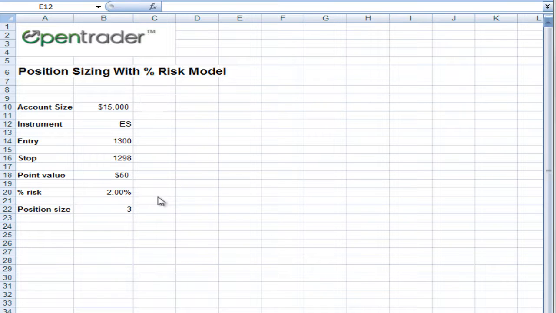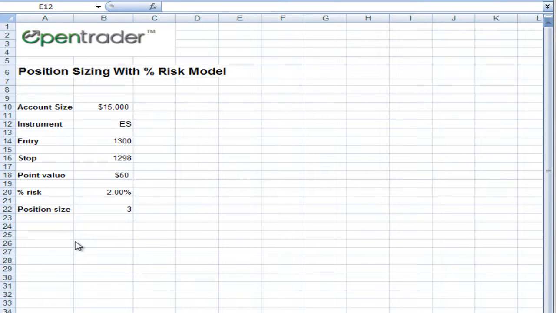So what is this showing? Well, here's what it's doing. It's saying, okay, we have a $15,000 account, and what we want to do under the percent risk model is, on any trade that we take, risk a certain percentage of our account size on that trade. So in this instance, on any trade, we want to risk 2% of 15,000, which is $300.